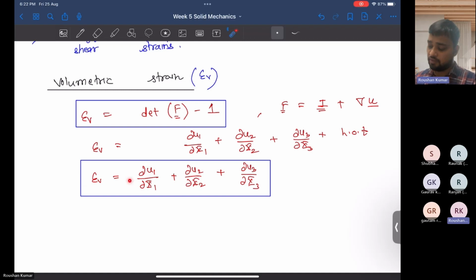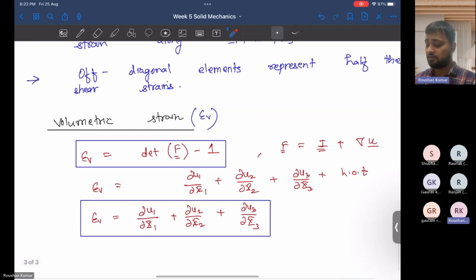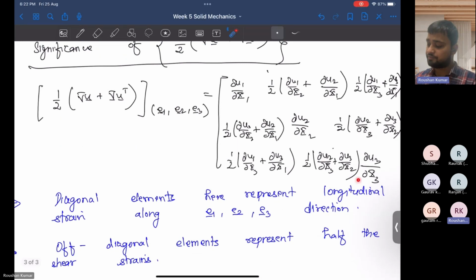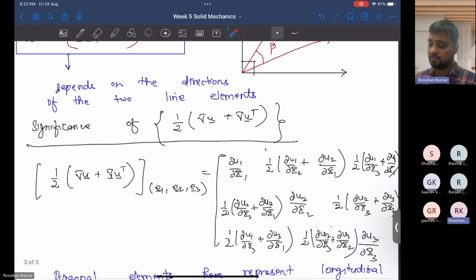If you compare del U1 over del X1, del U2 over del X2, del U3 over del X3, you can find that this is nothing but the summation of the diagonal elements. So we can say that it is the trace of this tensor.